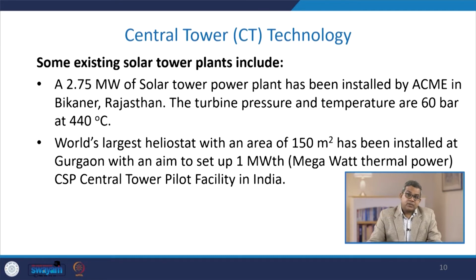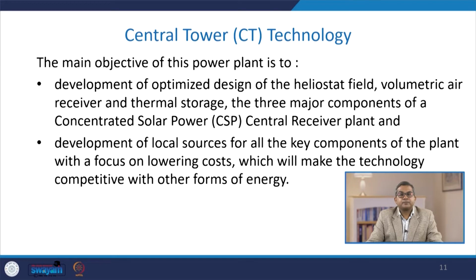The world's largest heliostat, with an area of 150 square meters, has been installed at Gurgaon with an aim to set up a 1 megawatt thermal power, sometimes referred to as 1 MWth, CSP central tower plant facility in India.